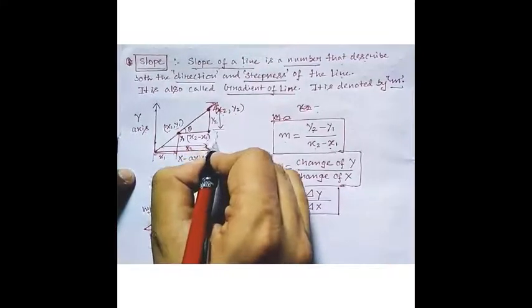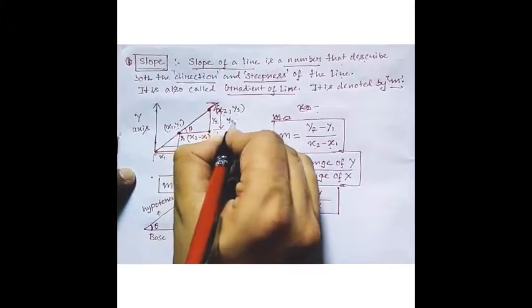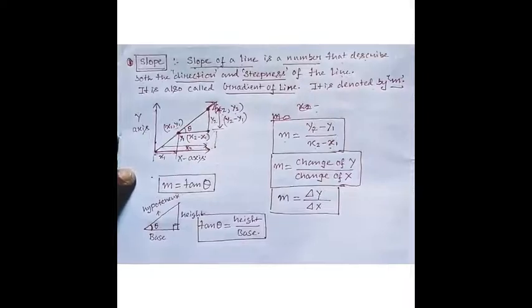This length is y2 minus y1. So height of the right angle triangle is y2 minus y1, and base of that right angle triangle is x2 minus x1.